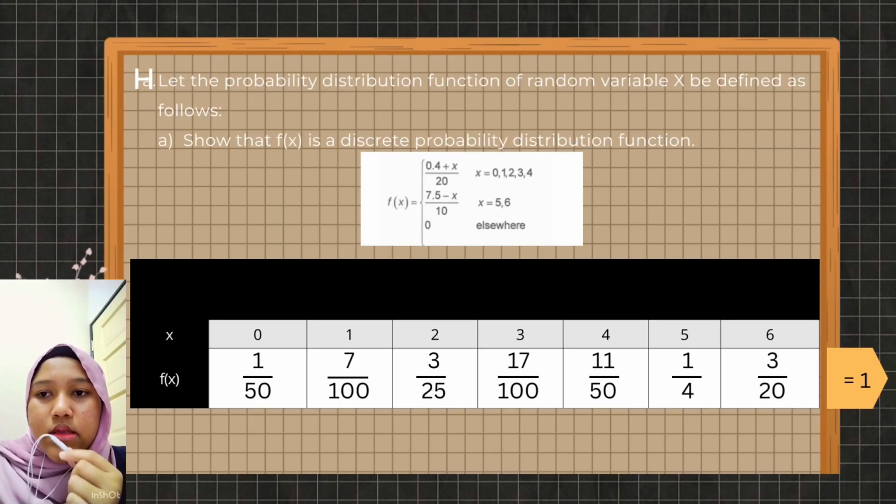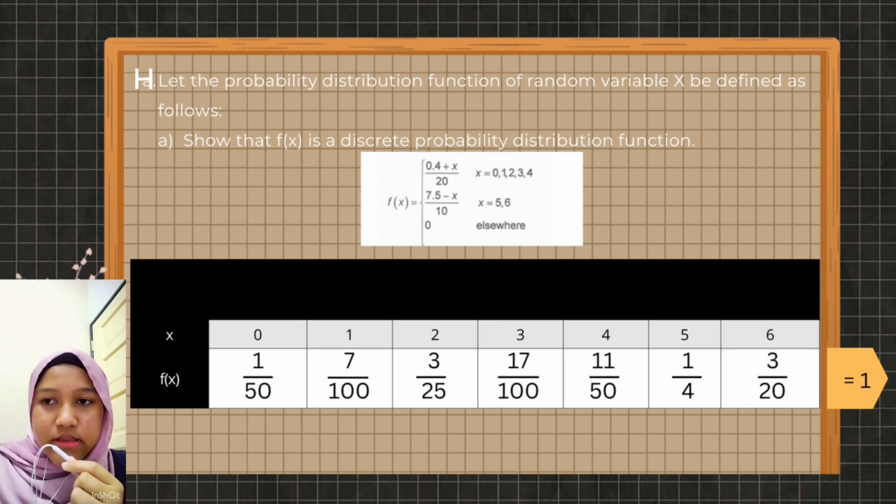Now, let's move to question H. The question is, the probability distribution function for random variable x is defined as follows. For question A, show that f(x) is a discrete probability distribution function. We use a truth table to solve this problem.